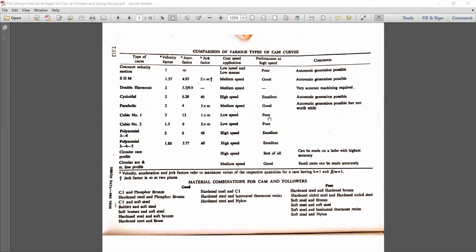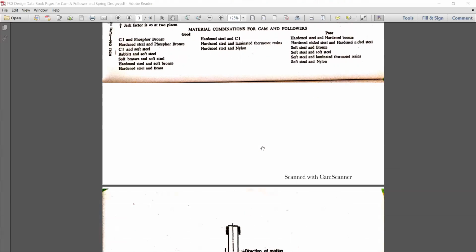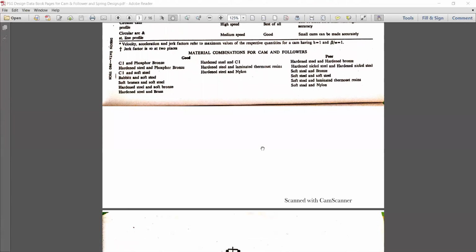If we use two hardened materials or two softer materials, or one too soft and the second too hard, then the friction will be more, and because of that the wear and tear of the materials increases. That's why they have categorized good and poor material combinations.